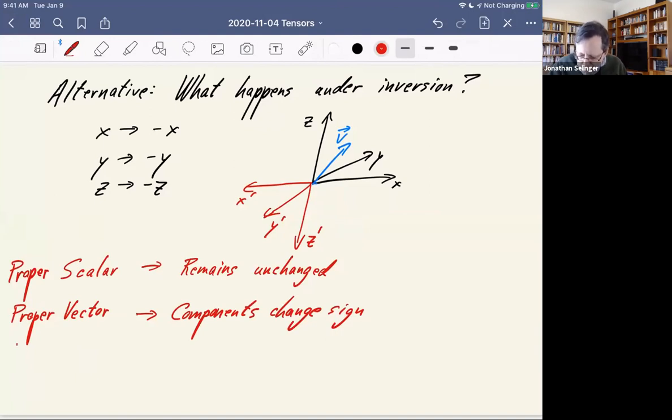So what about a proper tensor? Well, it depends on the rank of the tensor. What about a tensor of rank 2?